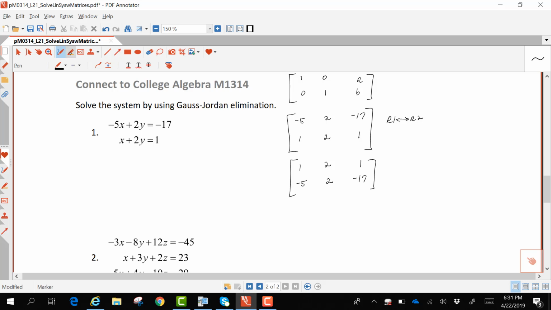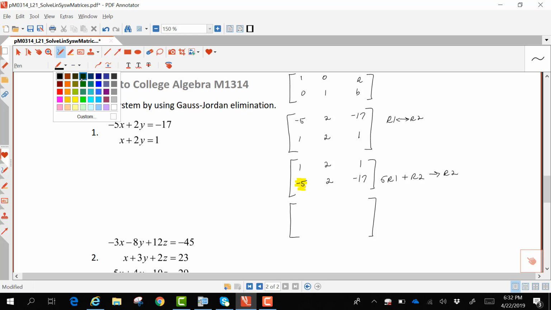Now my goal would be to make this -5 a 0, or in other words, add 5 to it. So I want to take 5 times the elements of row 1 and add it to row 2. The results go back into row 2, so I'm changing row 2's numbers. I'm going to use a different pen color because that makes it easier. Take 5 times row 1: 1 times 5 is 5, 2 times 5 is 10, and 1 times 5 is 5.